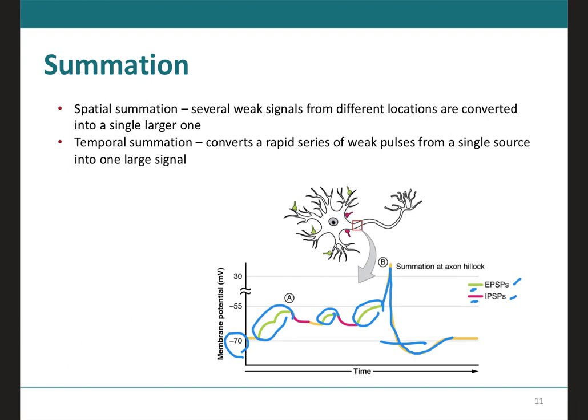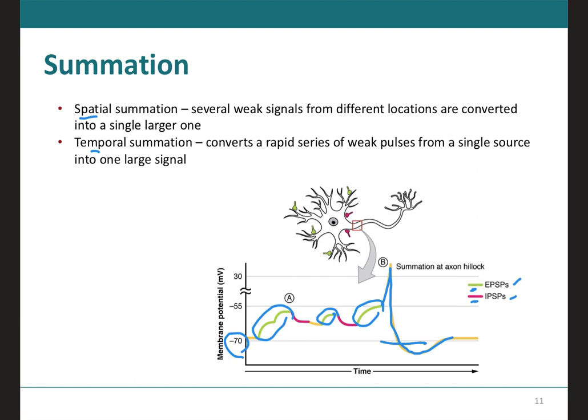Now the summation, the addition of all these stimuli, will cause 2 different types of summation, which are spatial and temporal summation. Spatial has to do with having several weak signals from different locations. Think about a space: you're going to have several different weak signals that will come together and be converted into one large signal that will then propagate.